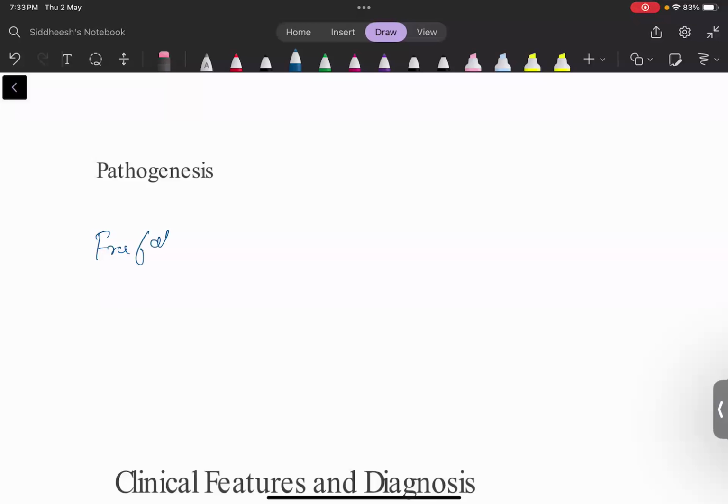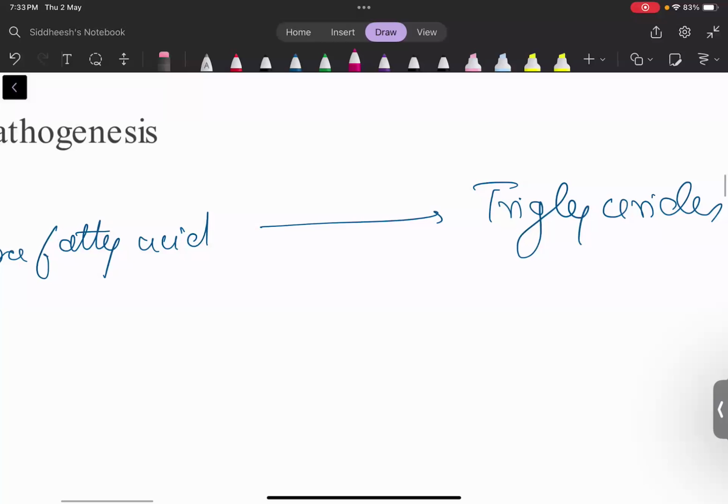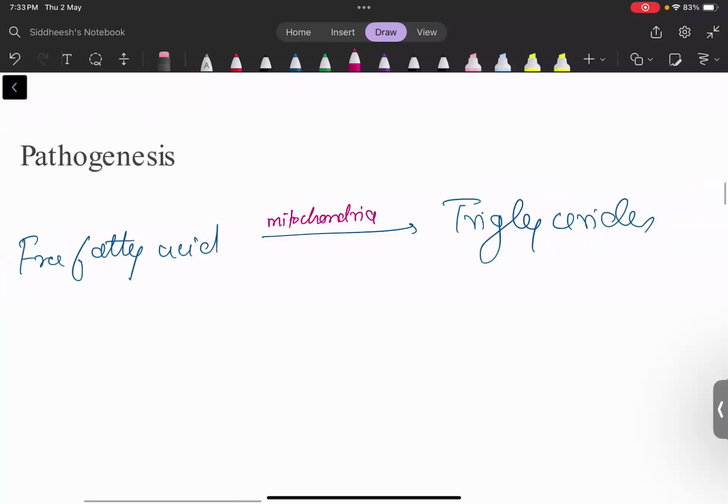Now, in your liver, these free fatty acids will be converted to triglycerides with the help of what? Mitochondria. Simple. This might be in your MCQs in the upcoming exams. So remember this part.